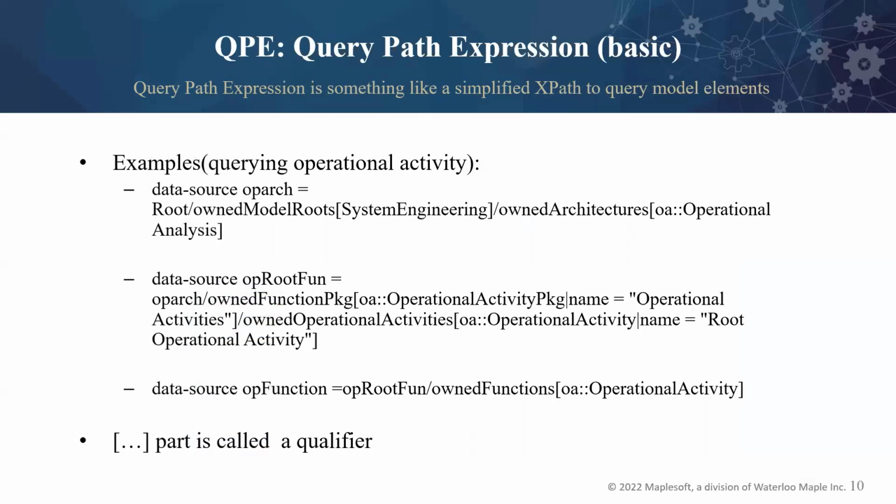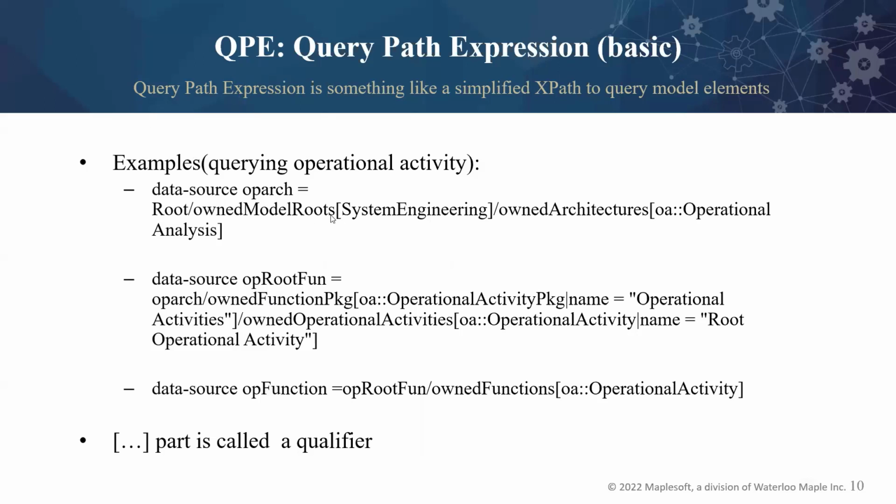To give you an example of how the queries work, let's say we want to work with the operational activity. We would define a data source. We'll get to the details of the data source in the later slides. The way the query works is you start from the root model, which would be, for example, the Capella project that you have created. Then you navigate to the operational activity.